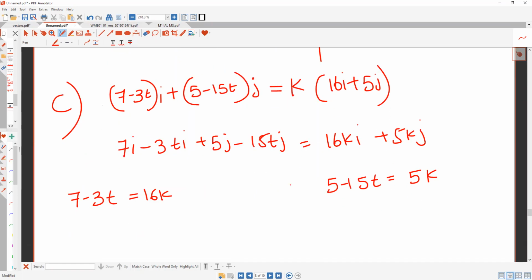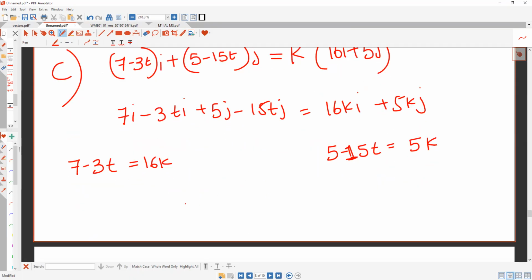Now simultaneous equation of both of them. Then we can do 16k plus 3t is equal to 7 and 5k plus 15t is equal to 5. Do this in your calculator. Give me the value of t and the value of k.